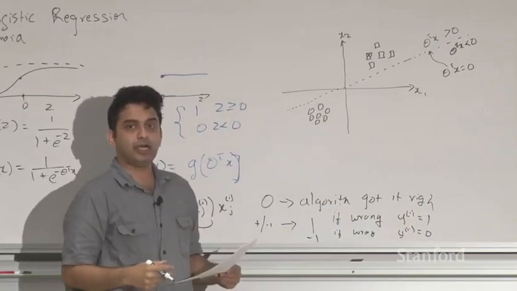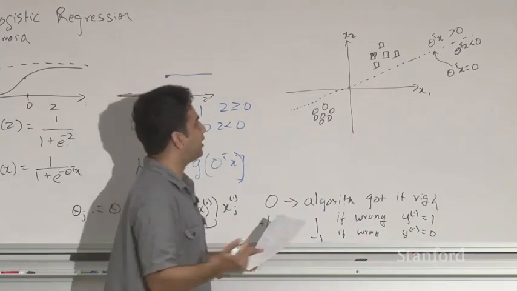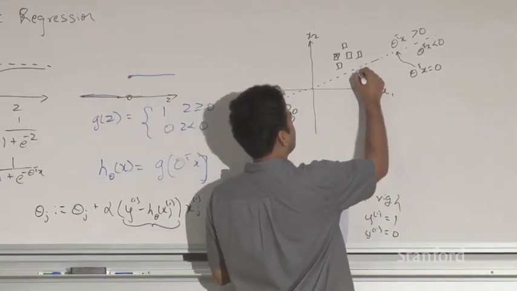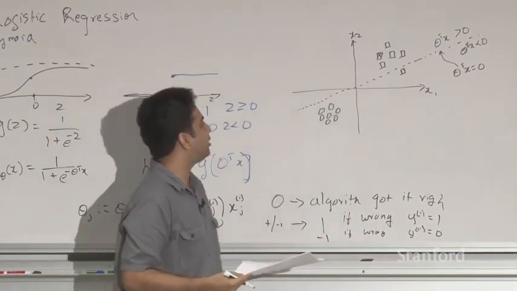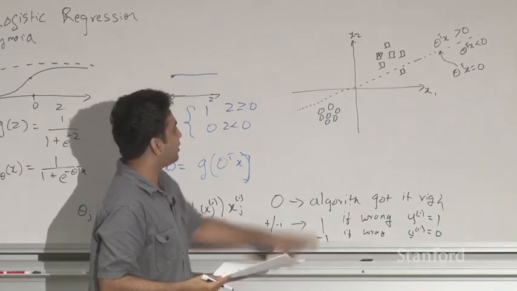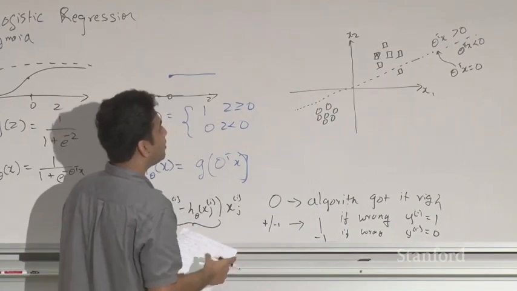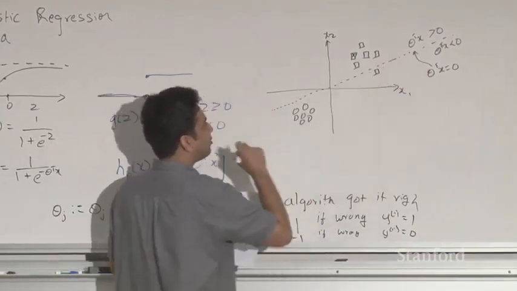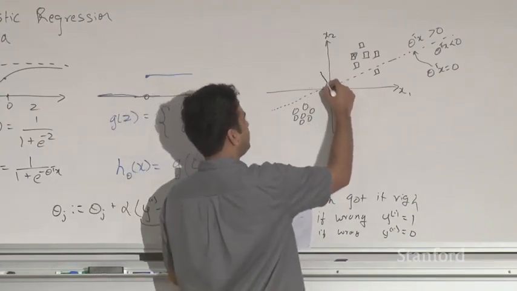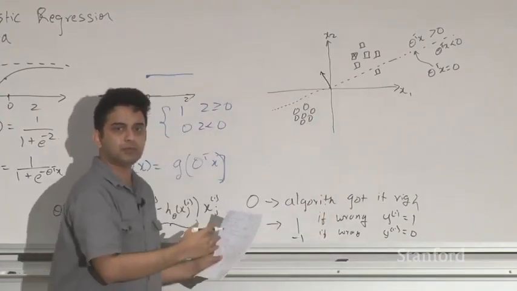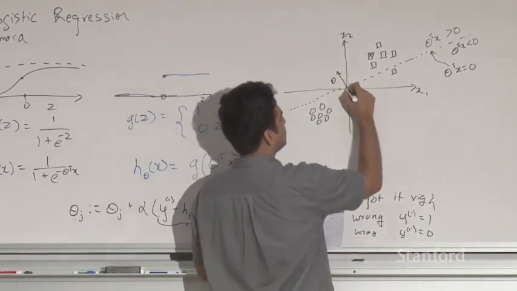Let's say the algorithm is learning one example at a time, and a new example comes in, and this time it happens to be a square, but the algorithm has misclassified it. The vector equivalent of the separating boundary would be a vector that's normal to the line. So this would be theta, and this is our new x.